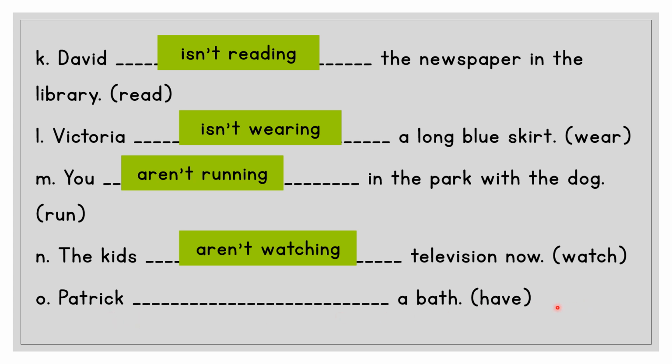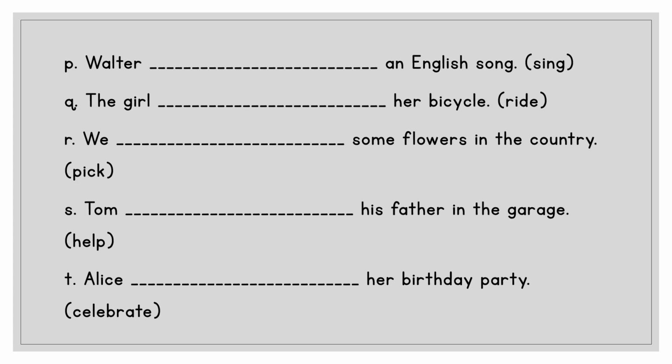Isn't. Remember ada E kat belakang, so dia mesti magically hilang. Okay, so Patrick isn't having a bath. Okay, continue. Walter. Walter singular or plural? Singular. So isn't or aren't? Isn't. So Walter isn't singing an English song.